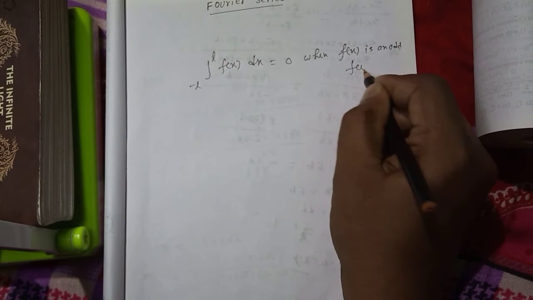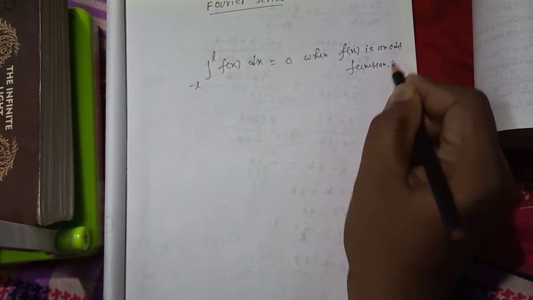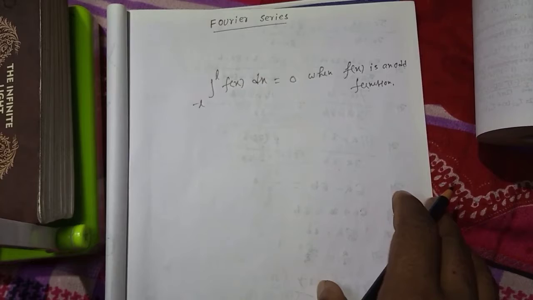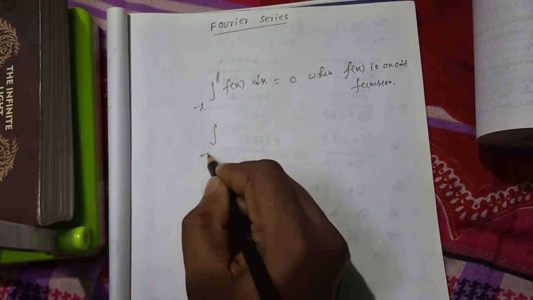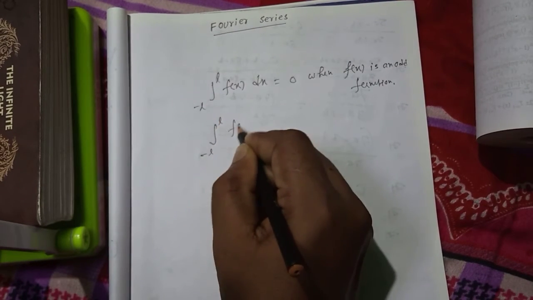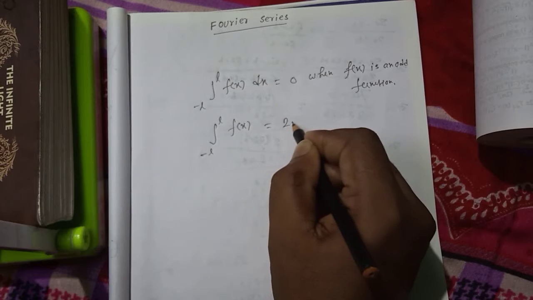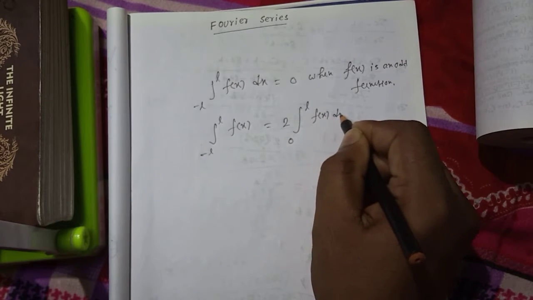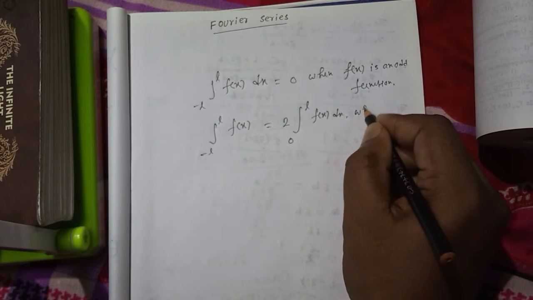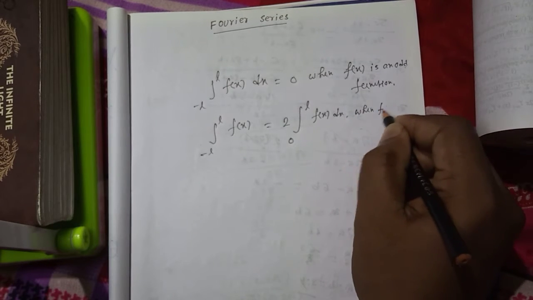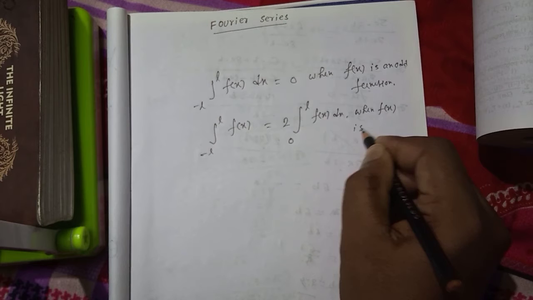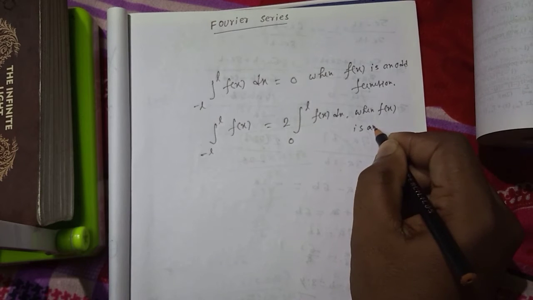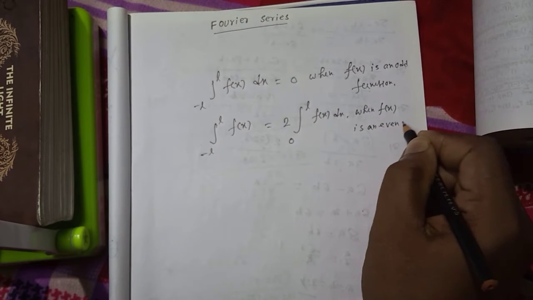The integral from -L to L of f(x) dx is equal to 2 times the integral from 0 to L of f(x) dx when f(x) is an even function.